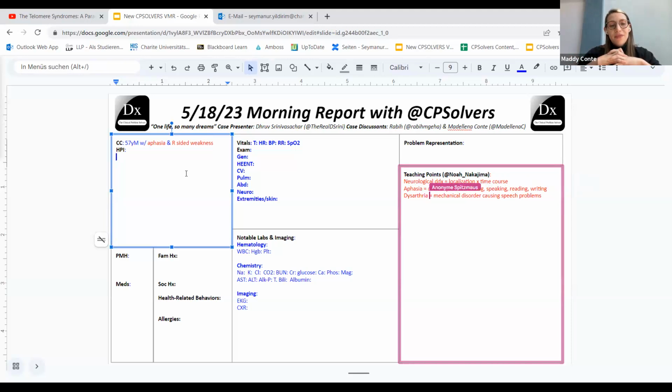That was my rambling to try to figure out the differential. In terms of next steps, the time course is absolutely critical. I'd want to know if this person has experienced anything like this before, any other focal deficits. I'm pretty concerned right now because these are very concerning chief concerns. I'll pause there and would love to hear, Rabih, how you're putting these two together.